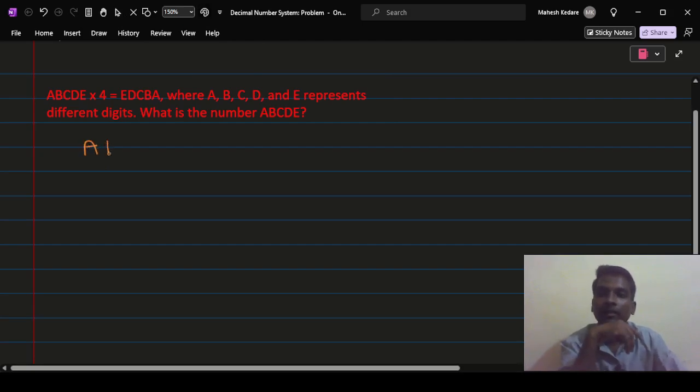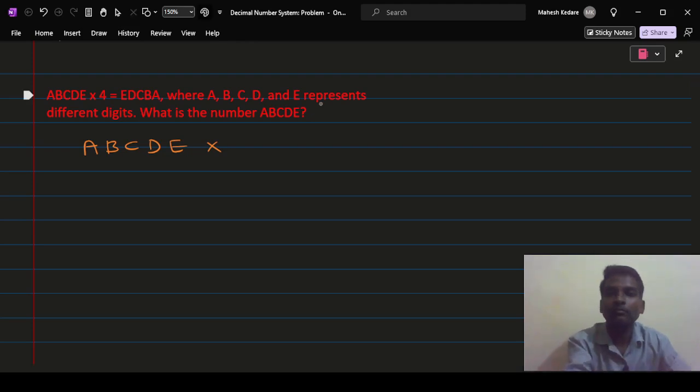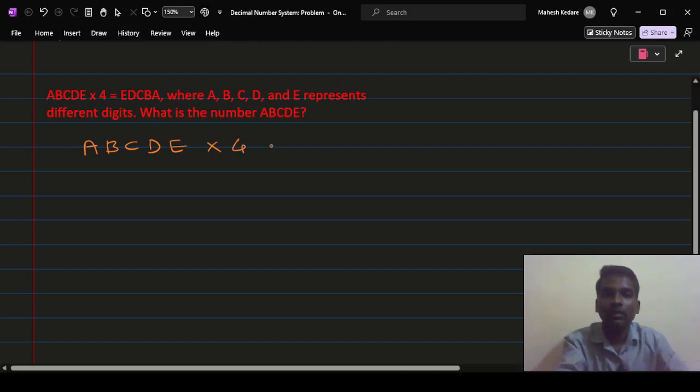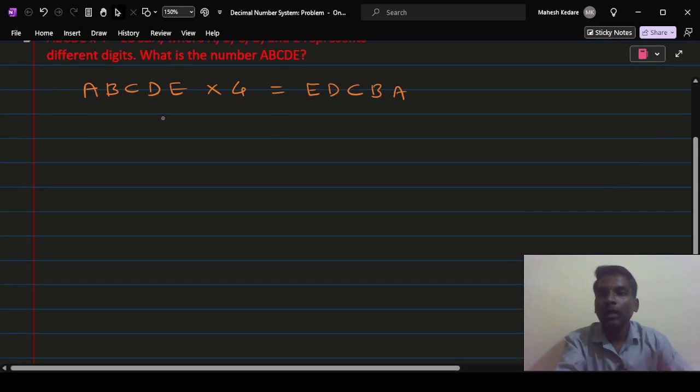I rewrite the number A, B, C, D, E. It is multiplied by 4, and it gives us a 5-digit number again with the digits in reverse order, E, D, C, B, A. We have to find these digits A, B, C, D, E.